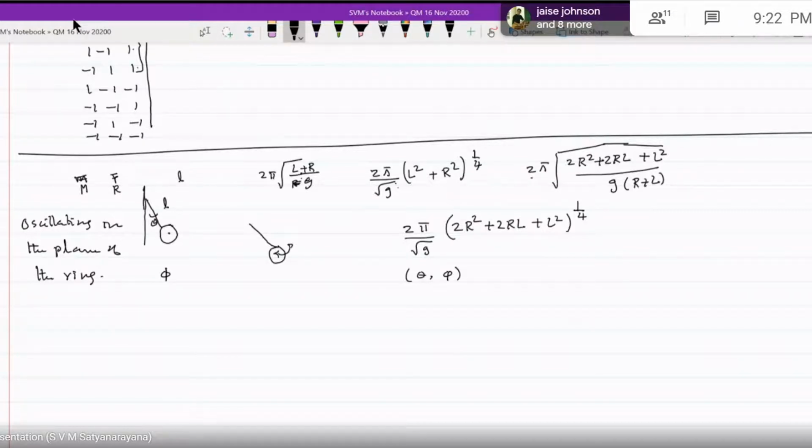Okay, so if you have a ring, something like M R square is your moment of inertia of the ring. So the rotational kinetic energy of the ring is something like M R square into phi dot square.